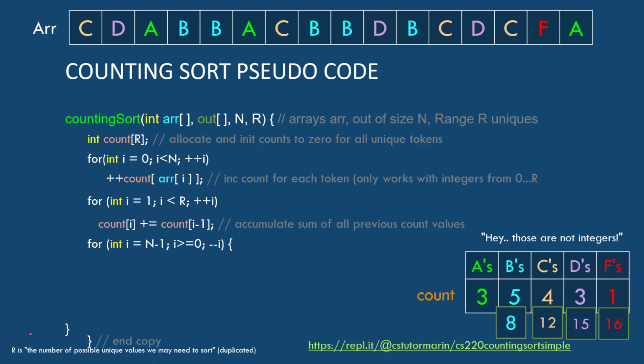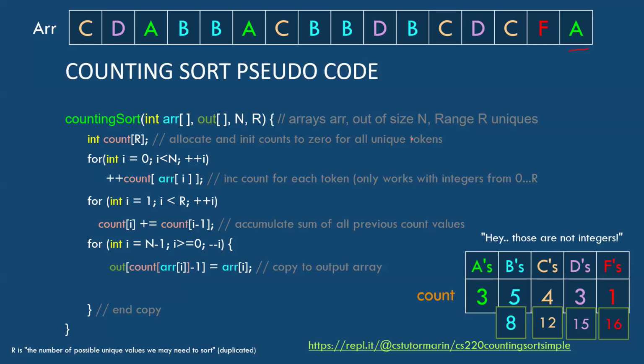So I work backwards from this position and I say, hey, where's the last F go in my output array? Okay, well, I'm going to go to the count array, find where the last position is for the A's, okay, subtract 1, and that's where I'm going to put that thing, okay?